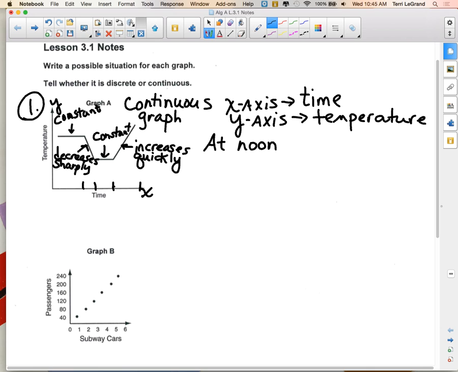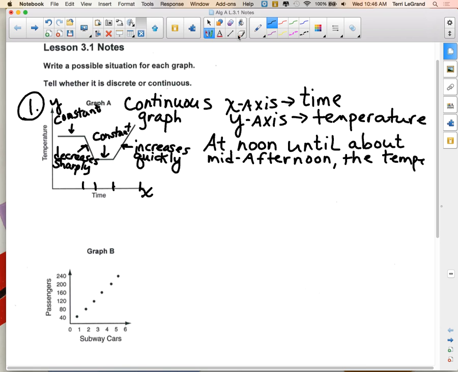At noon until about mid-afternoon, the temperature, and we got to talk about where this temperature is at.